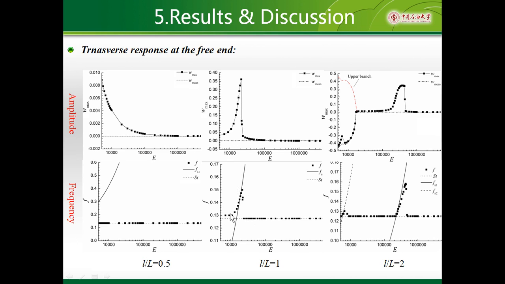And in this region, the vibrating frequency of the plate begins to lock to the natural frequency. Meanwhile, the vibrating amplitude of the plate is increased a lot in this region. This means that near this region, the lock-in phenomenon appears.